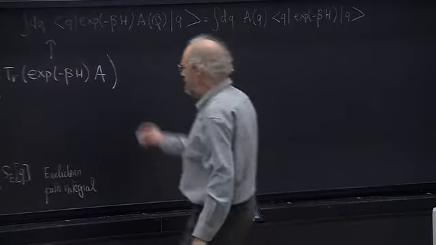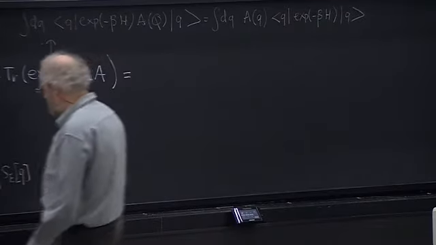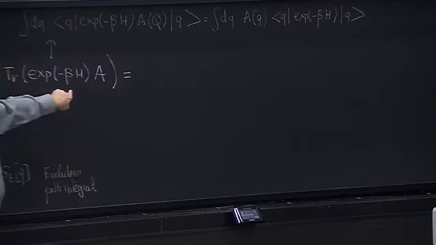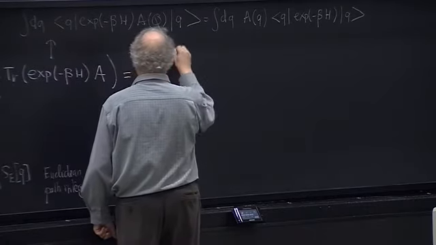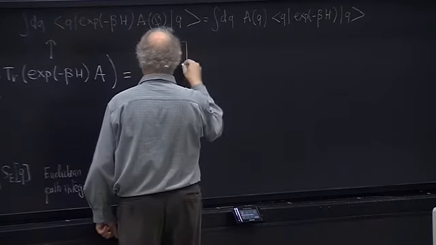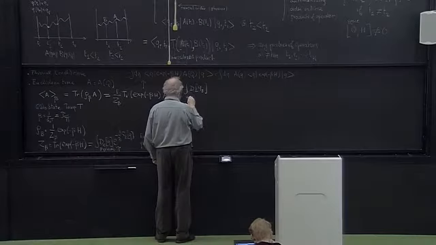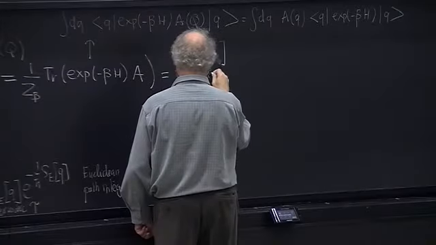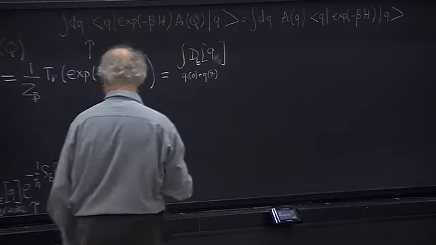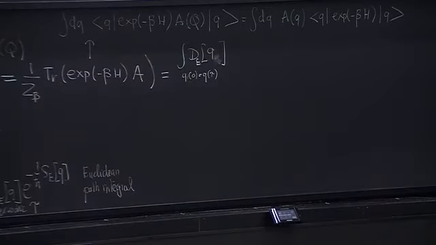So finally, this can be represented as a path integral over Euclidean trajectories q, Dq, where q at time 0 is q at the finite time tau, with tau given by this result.